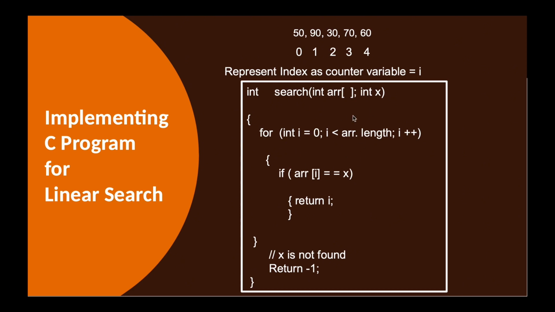I earlier said that when you are doing a linear search, you will have two inputs to use. The first one is an array, and the second one is the element.